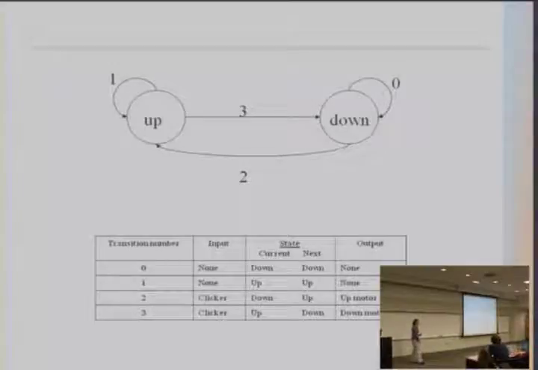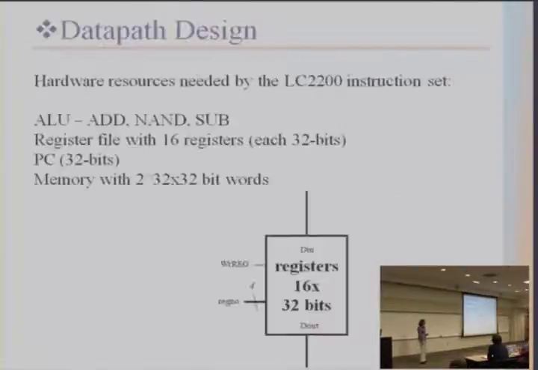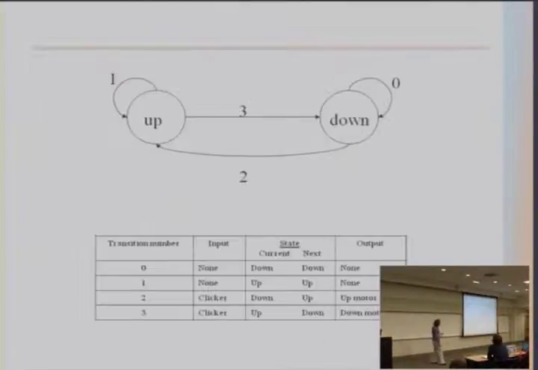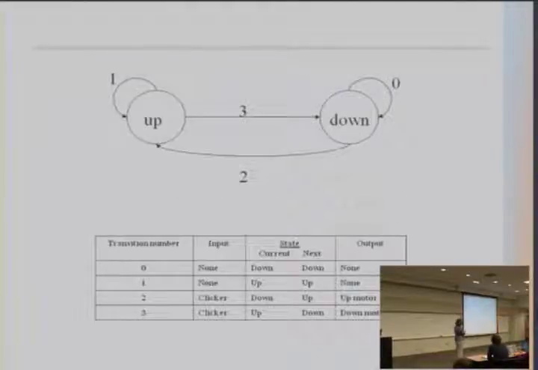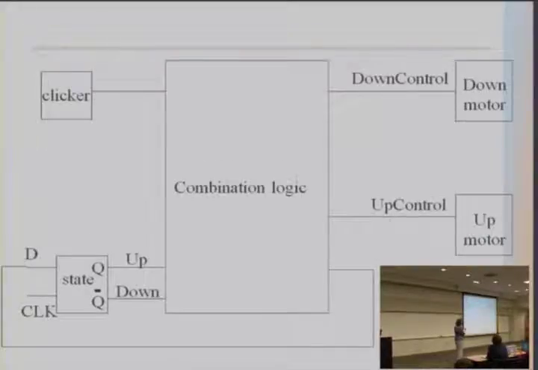So how would you make that in hardware? Well, this would be our hardware realization of the finite state machine that we described here. So what do we need? We definitely need some combinatorial logic that will open and close the door.